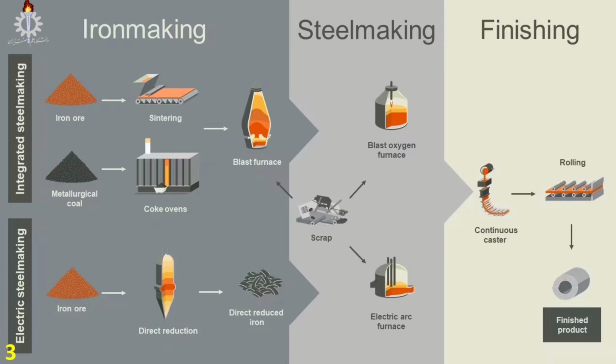Once the pure iron is obtained, it is melted during the steelmaking process. The liquid steel is then shaped into products such as rebar and steel coils during the casting or finishing stages. My thesis especially concentrates on the iron-making phase using direct reduction.